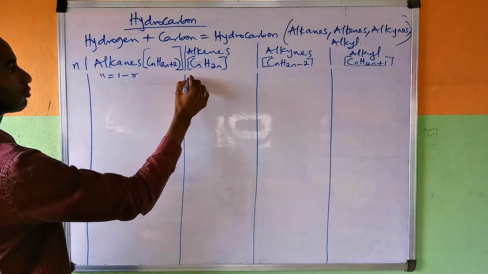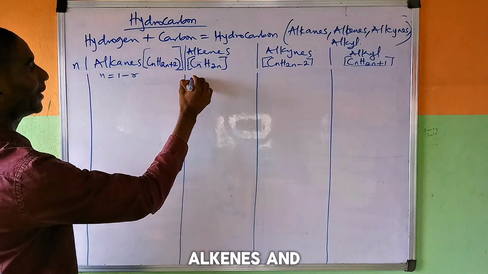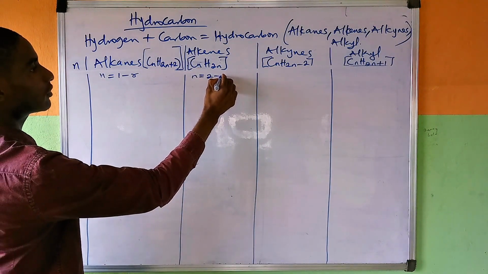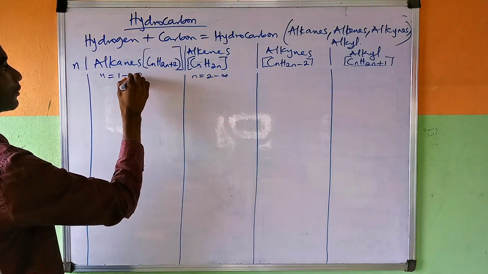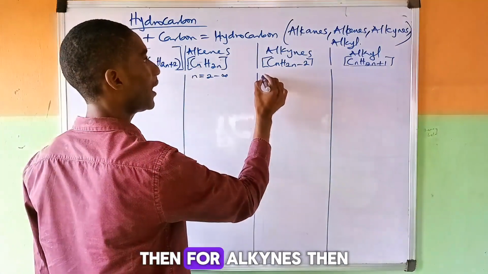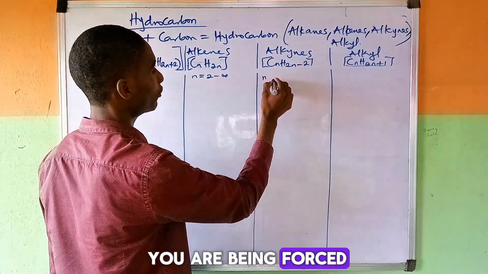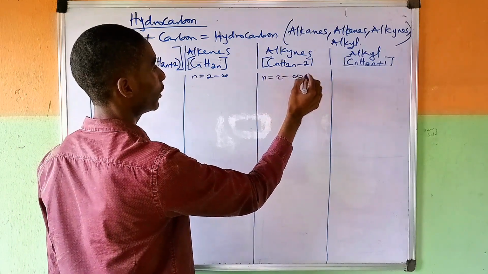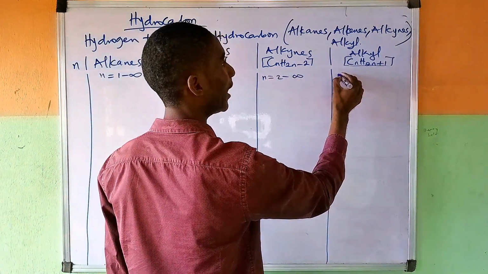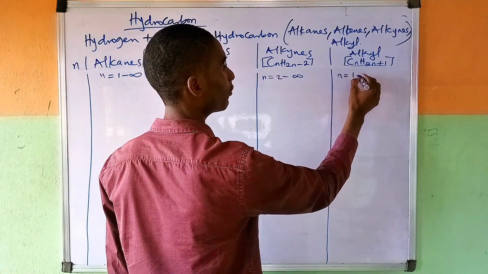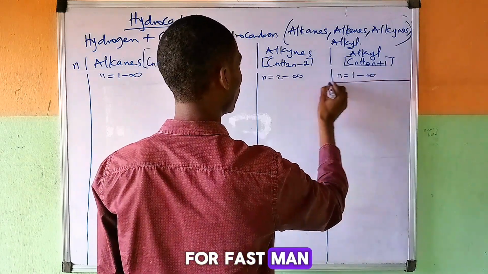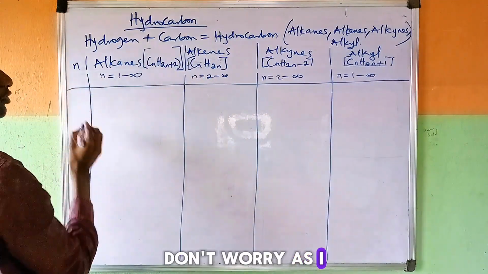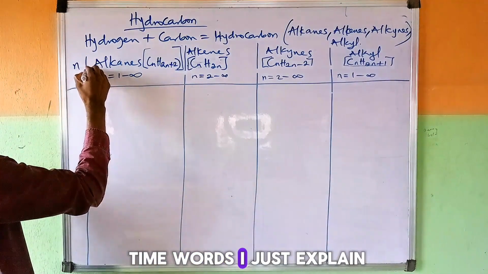For alkenes, n is 2 to infinity. Then for alkynes, n is also 2 to infinity. And for the alkyl group, n varies from 1 to infinity, so they have a first member.